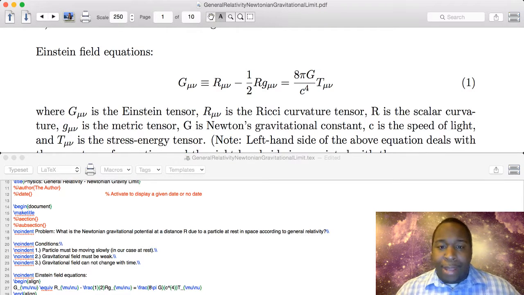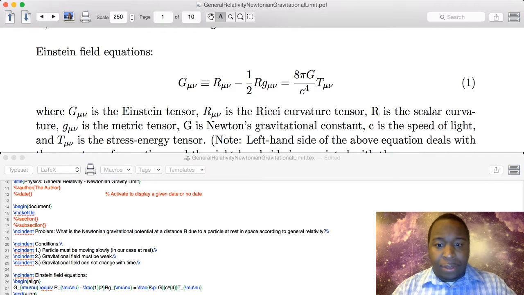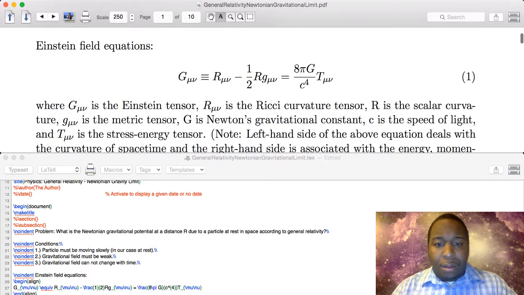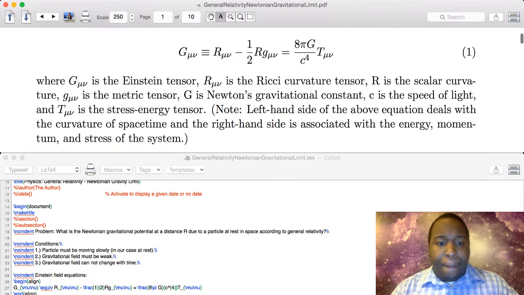If we were to ignore the g sub mu nu, and look strictly at the middle term of the equation and the far right-hand side of the equation, it basically relates the curvature of space-time to properties that are intrinsic to the mass within the region that we're analyzing.